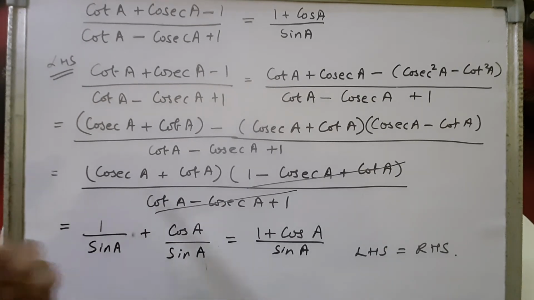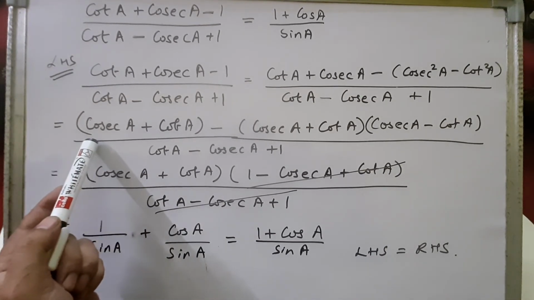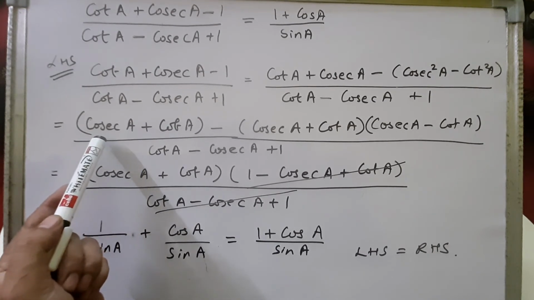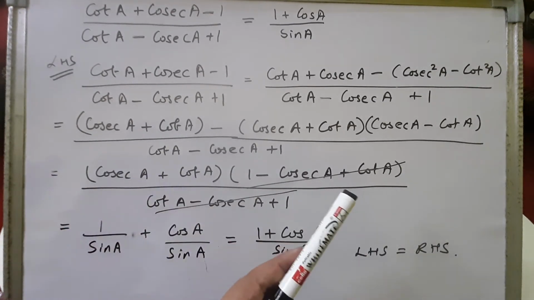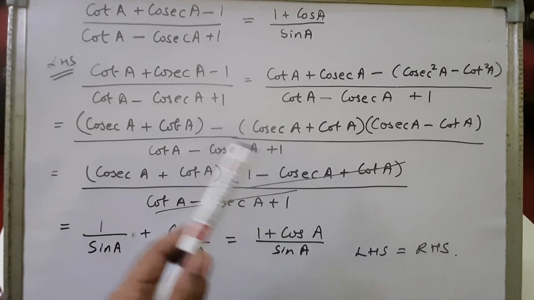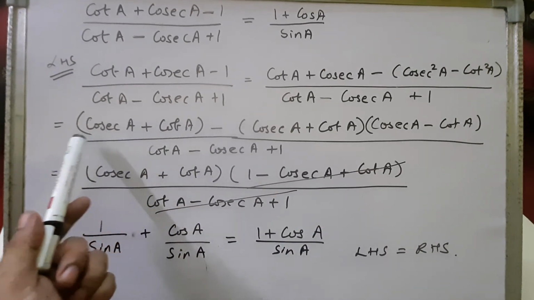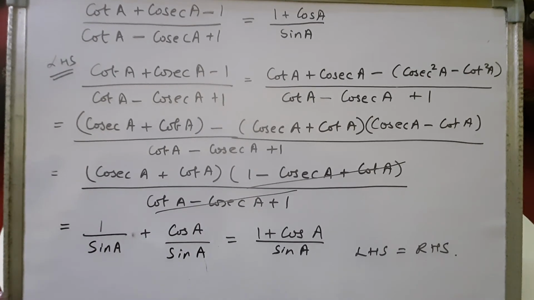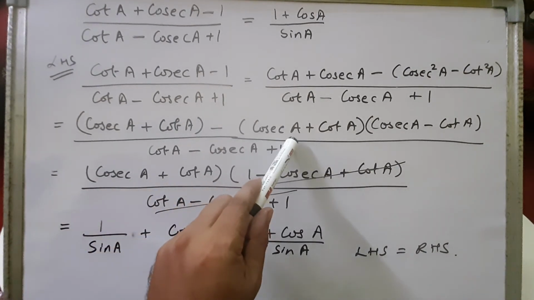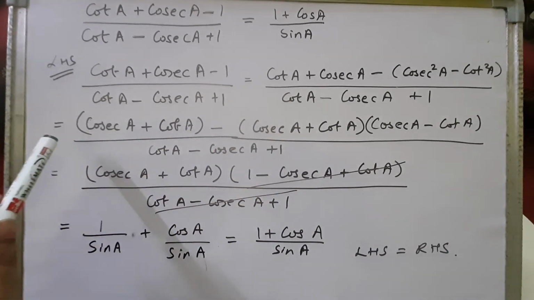Right? Now you'll see in this step what we'll get: cosec A plus cot A minus bracket cosec A plus cot A, bracket close, bracket another bracket cosec A minus cot A. So you can see in this numerator we have cosec A plus cot A common in both the terms. Right? This is cosec A plus cot A, this cosec A plus cot A. So we can take it common.